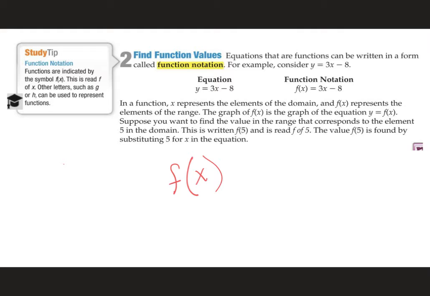So f of x is the same thing as saying y, which is why when we say y equals 3x minus 8, we can also use function notation to say f of x equals 3x minus 8. And then when we have a value that we want to plug in or substitute for x, we can just use a simple notation that we're going to see in the next slide.